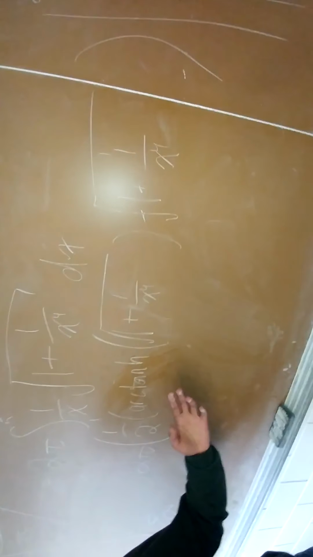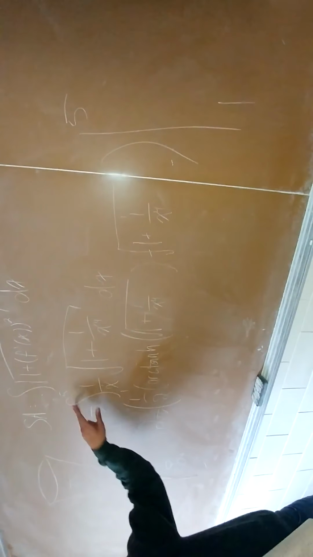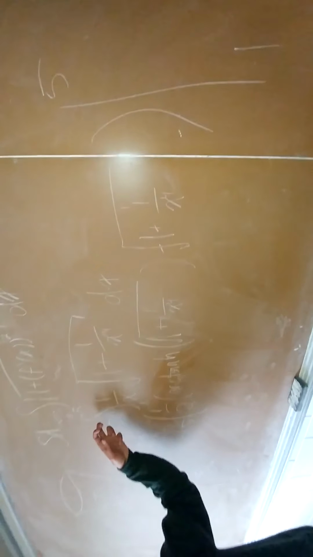Okay. So this is what we have now, but we're not sure of the math. But we do know that, of course, it converges from 1 to 5, so it exists.